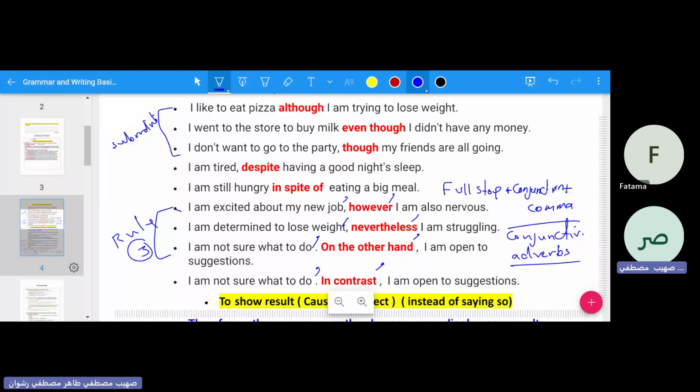Yeah, Fatma, there is no full stop as well, and the D is not capitalized. We don't separate the two sentences when we use despite in the middle and in spite of. Look at the screen. With despite and in spite of, we never separate. Even the comma is wrong.